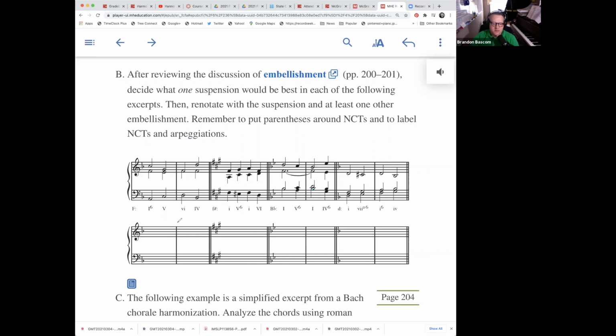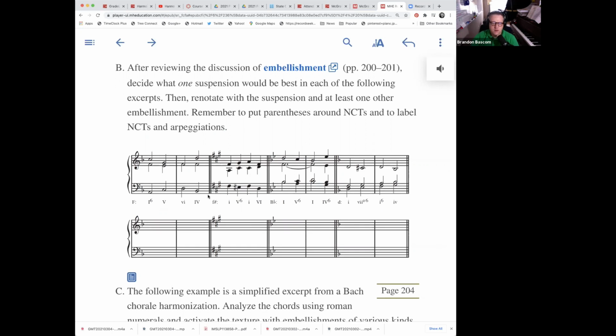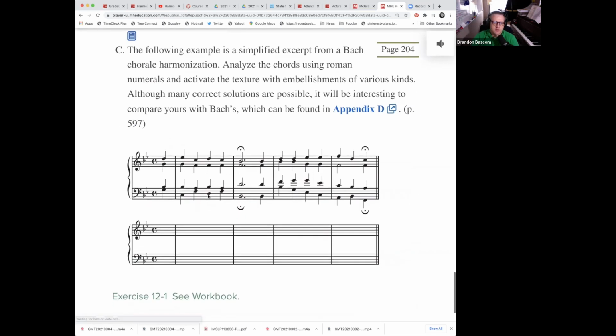They have us looking at an example, which is a simplified excerpt from a Bach Chorale Harmonization. Analyze the chords using Roman numerals and activate the texture with embellishments of various kinds.